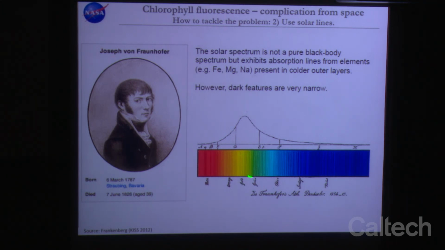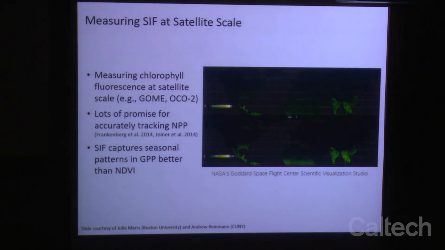You get these empty spots in the spectrum of the sun that correspond with the absorption of light energy as it's emitted by the sun by various atoms that are present. And so if we look in the Fraunhofer lines for the solar fluorescence, this is a video, it's going to run, we can then get a measure from space of the fluorescent signal.